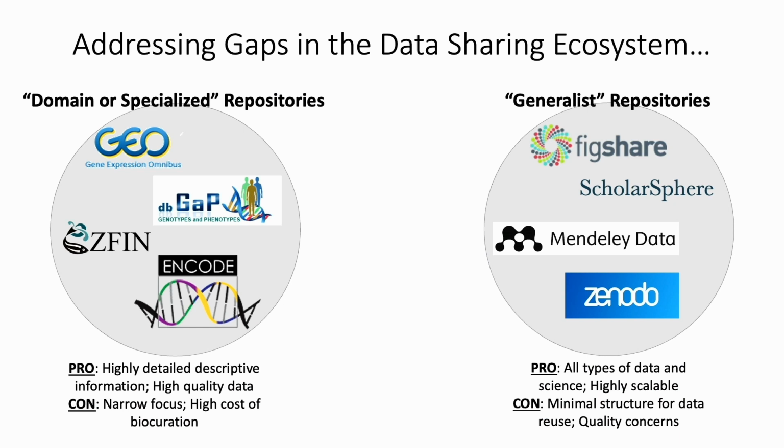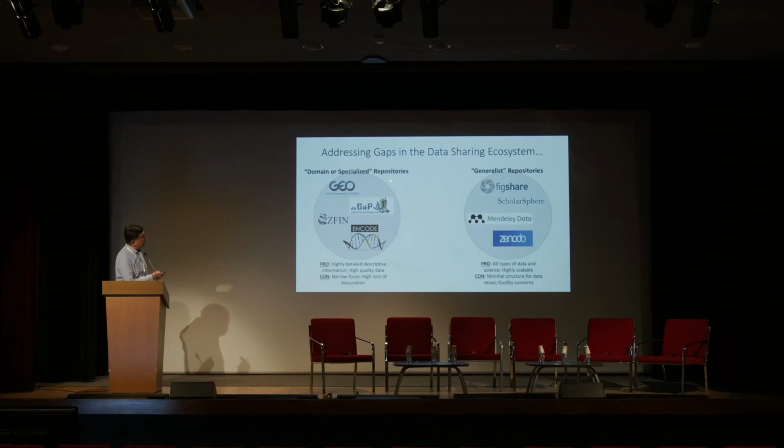So if you look at the landscape of how we share data in today's environment, you can basically look at these data sites and put them into two different groups. One is domain specific, where you have highly detailed descriptive information about the data sets, such as GEO, ZFIN for zebrafish.